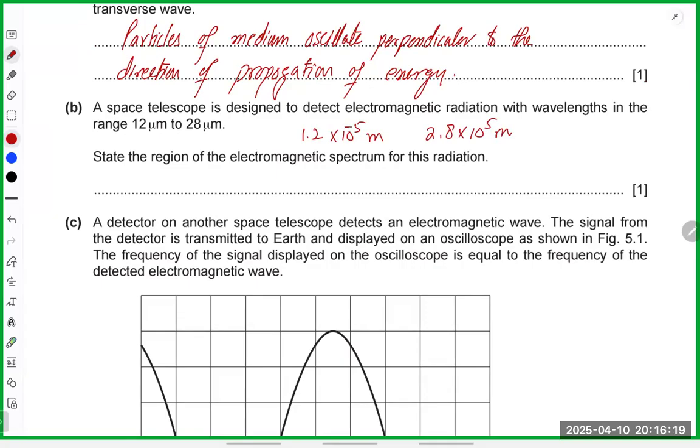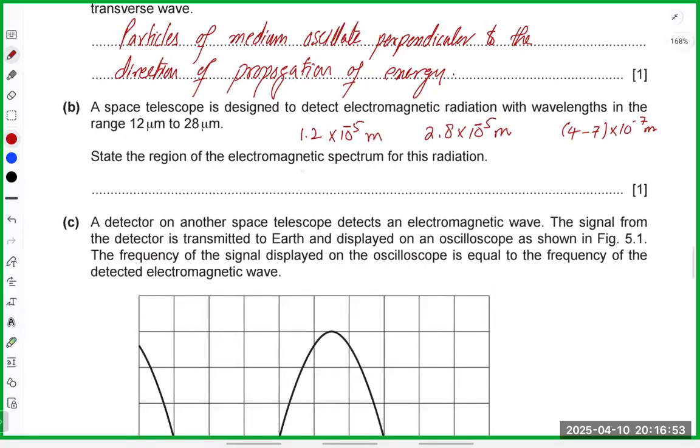Visible light has a value from 4 to 7 into 10 to the power minus 7 meter, so obviously these wavelengths are larger than visible light. So it has to be on the left side of the electromagnetic spectrum from visible light. And these wavelengths are smaller than microwaves, because microwaves are in centimeters. Okay? So I will go with infrared.